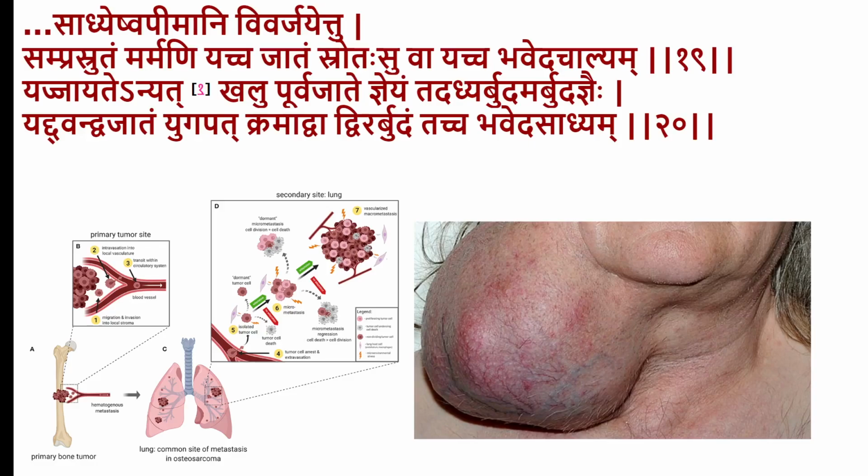Now, in addition to these, the other two important issues mentioned are Adhyarbuda and Durarbuda. Adhyarbuda is Yajayate Anyata Khalapuru Jate Jnayam Tadadhyarbudam Arbudajnihim. When a growth occurs over a pre-existing growth, as you see in this picture, initially the growth may be having a smooth surface, but now when you palpate you see the irregular surface.